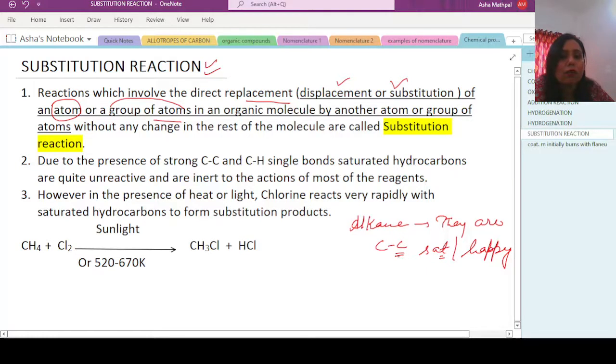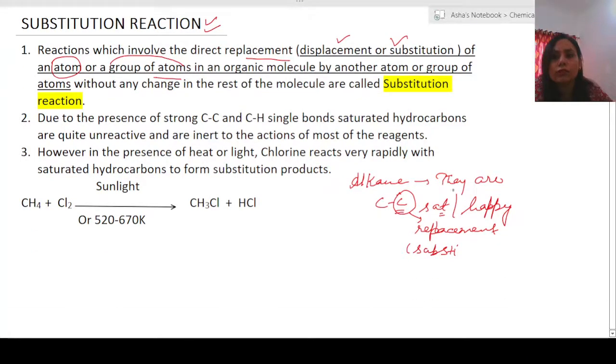But they can undergo a replacement or displacement kind of reaction, which is also called a substitution reaction. So this kind of reaction is possible, not addition. This is a substitution where another atom or a group of atoms can be replaced, but that also will not take place easily due to the presence of the carbon-carbon single bond and carbon-hydrogen single bond.